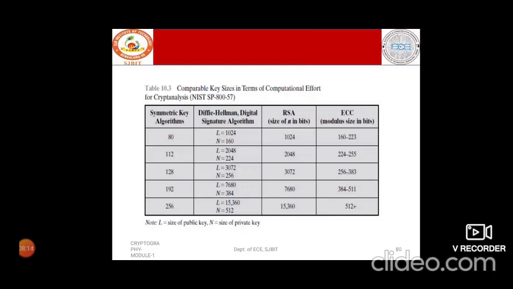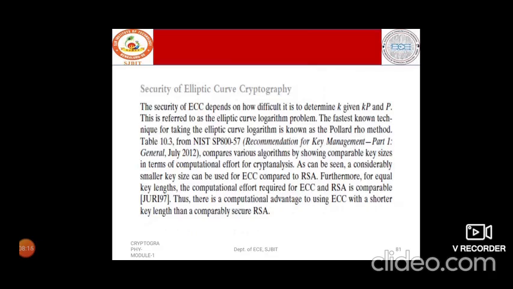The security of elliptic curve cryptography depends on how difficult it is to determine k given kP and P. This is referred to as the elliptic curve logarithm problem, and the fastest known technique for taking the elliptic curve logarithm is known as the Pollard rho method.